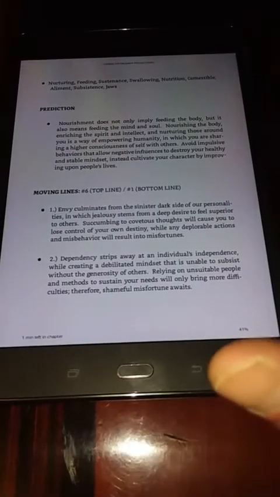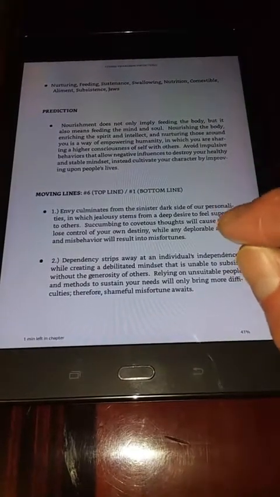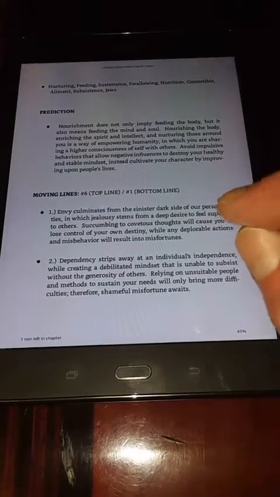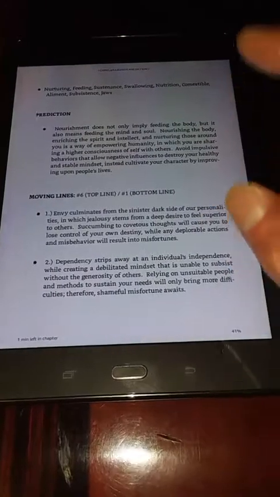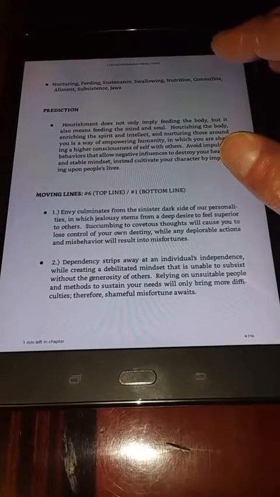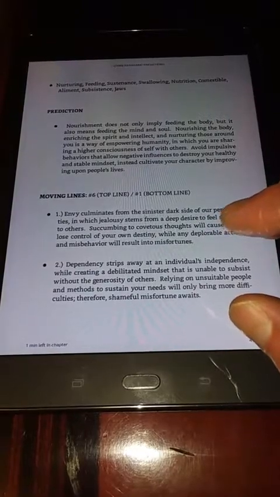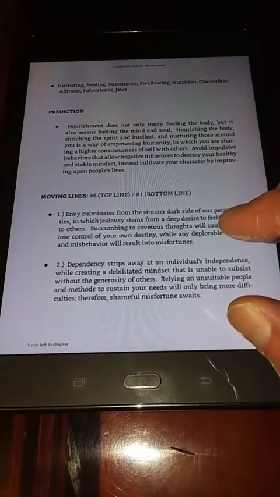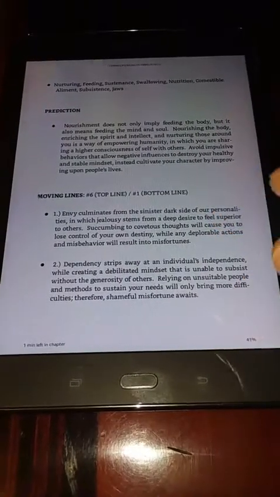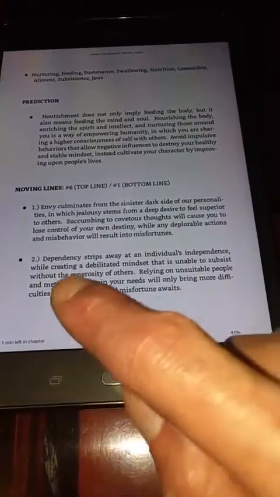But we need to look at this. This is just telling us what we need to do. We need to be wary of being dependent on others for our own well-being and happiness, because we understand where nourishment comes about, okay, and what it does, but we also need to be cognizant and aware of the fact that dependency and shameful misfortune will result from that.